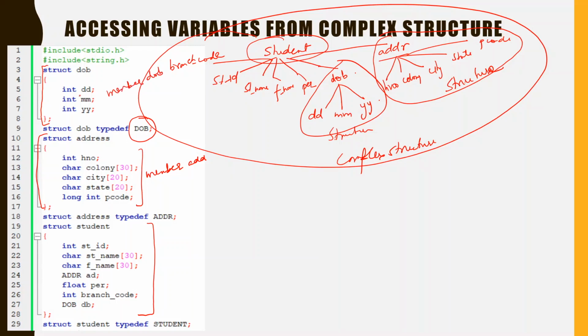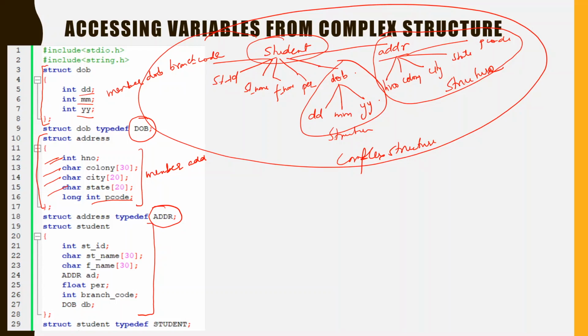Date of birth has date, month and year, and the address has an integer house number, then a colony name, then a city name, then a state name, and pin code we have taken as long int. So this is the way the members of address are there, and we have created a user defined data type ADDR with the help of typedef.